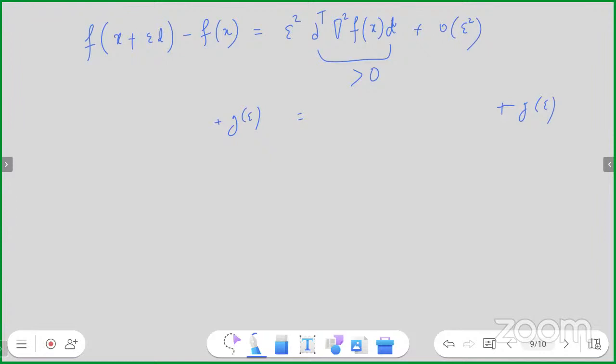What is the minimum eigenvalue of a positive semi-definite matrix? Not necessarily, but what's the bound? It's 0. So similarly, for a positive definite matrix, what's the bound on this quantity? Just the minimum eigenvalue. You know it.